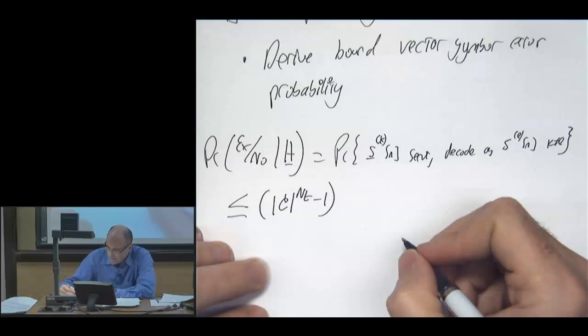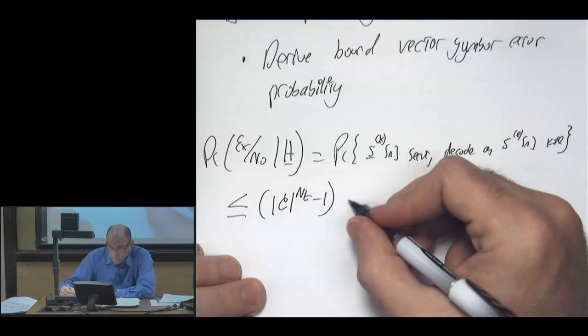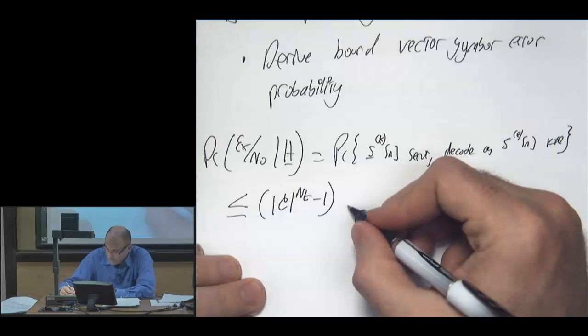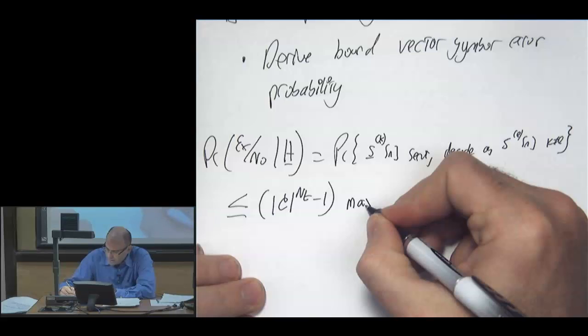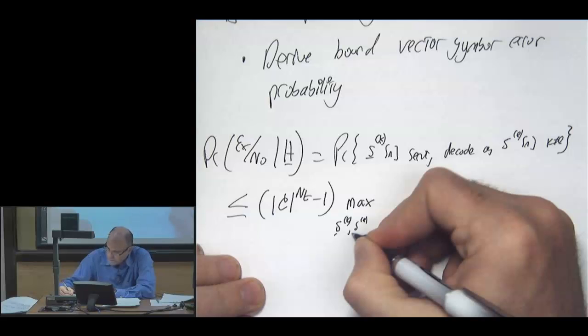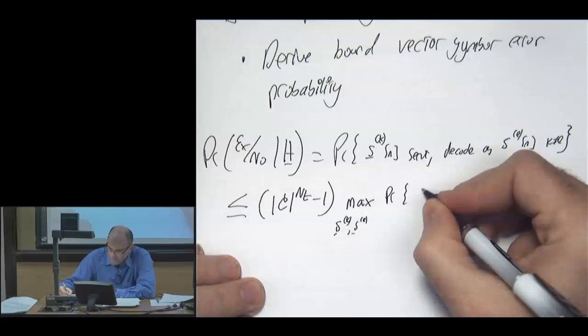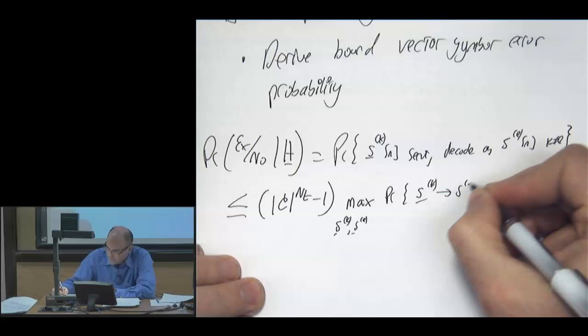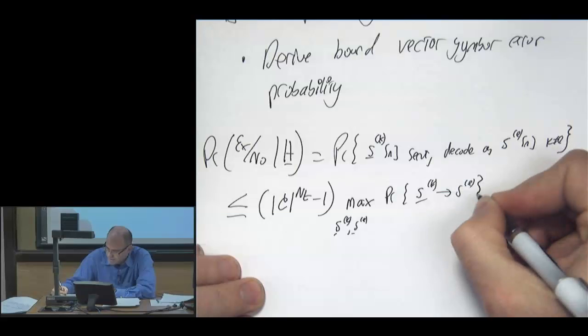And then we were going to look at the worst case error. So what we need to do is find the probability of vector error over all possible pairs of vectors such that the probability of S^k to S^l is maximized here. And this is the pairwise error probability.